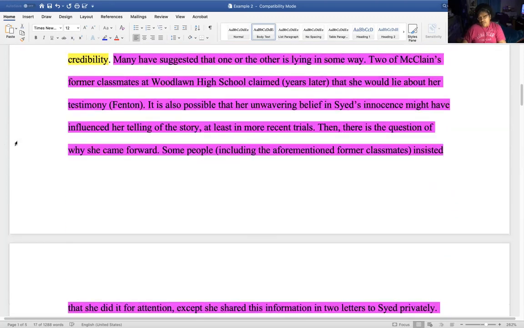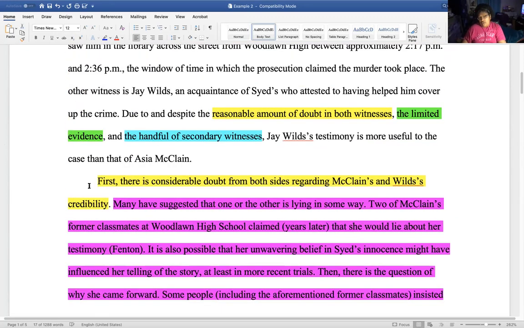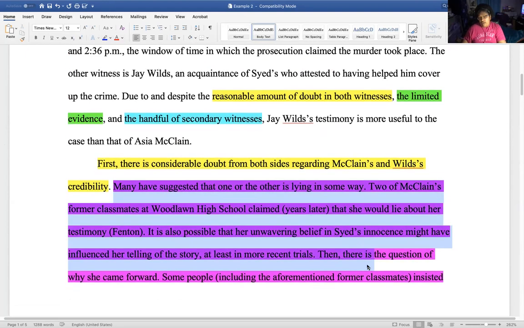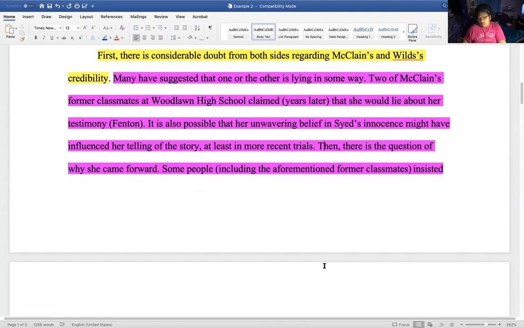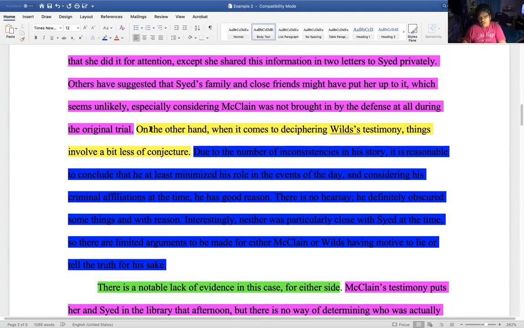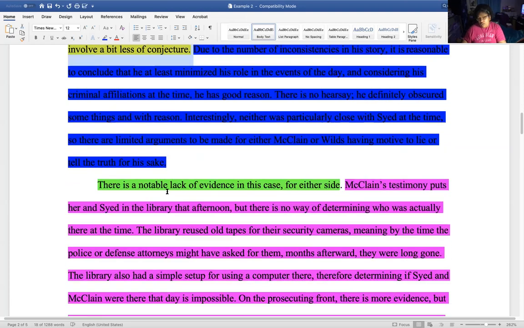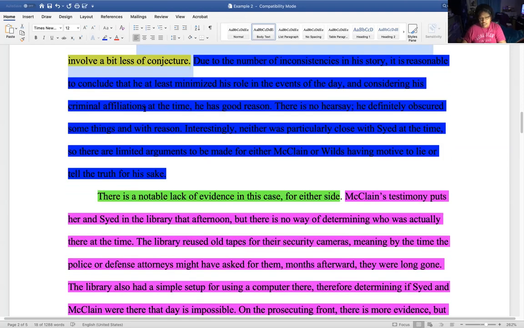So you see how this is forming together. You're going to have your topic, your first thing you're talking about, or your first person you're talking about. Then you're going to have a transitional phrase with a sentence to talk about the other side, whether you're comparing or contrasting, and then the other side.